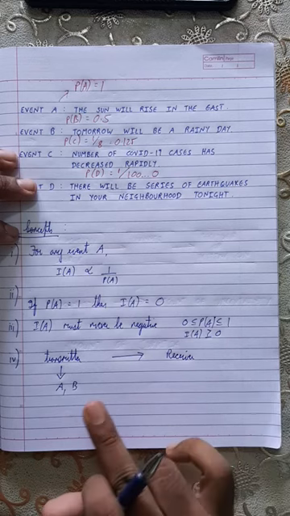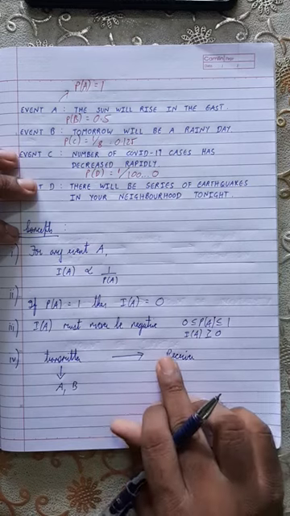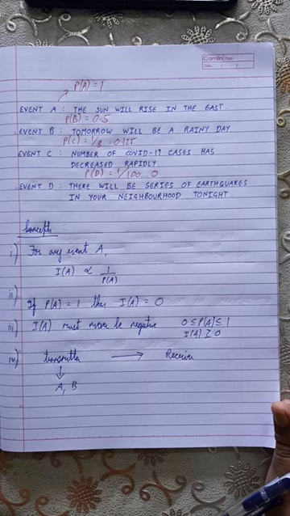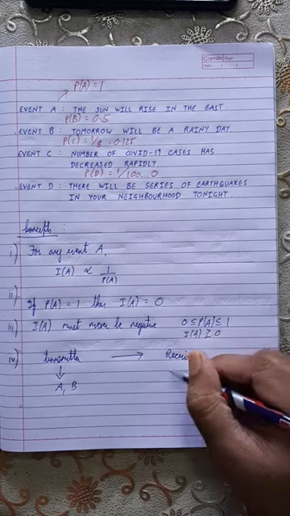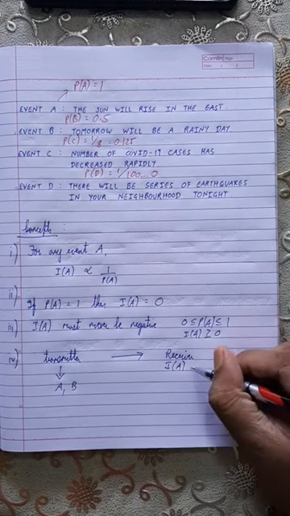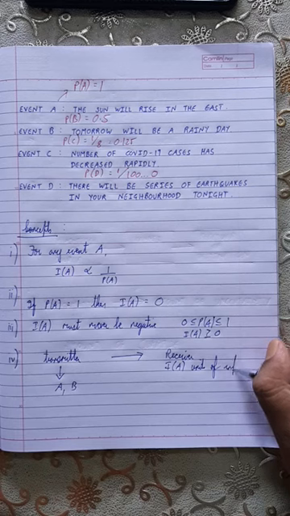So suppose if the receiver receives message A, then the amount of information received by the receiver is I of A, units of information.